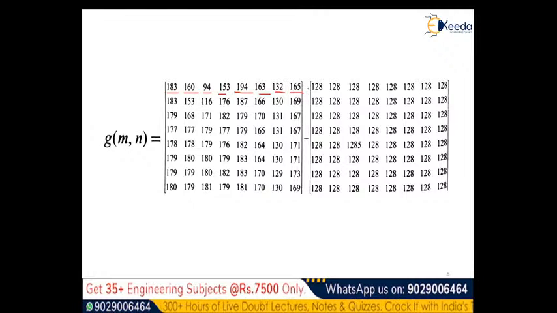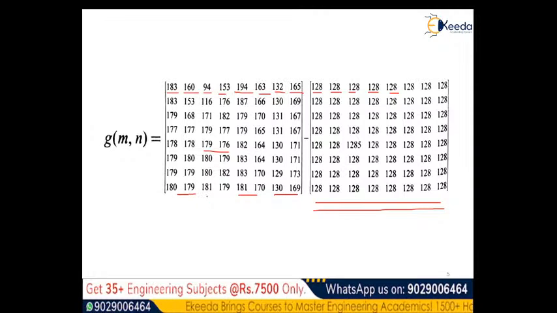Now we have to subtract 128 from every value. In the second matrix everywhere it is 128 only, and from all these 64 values we have to make a subtraction.